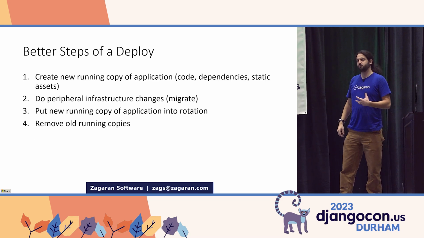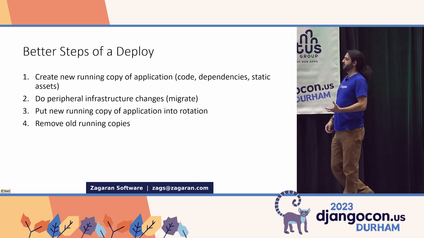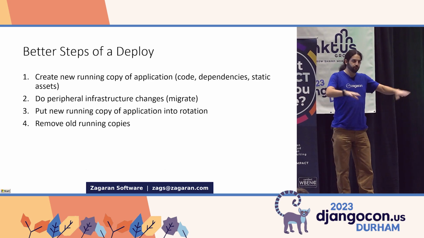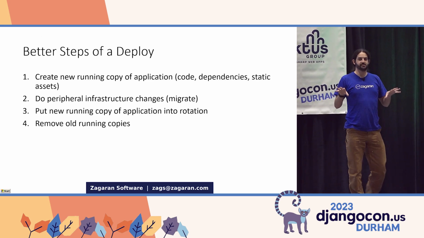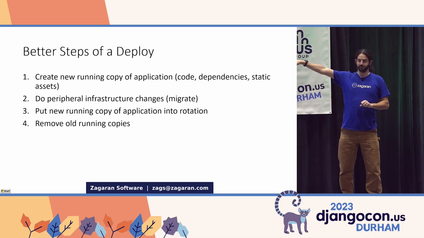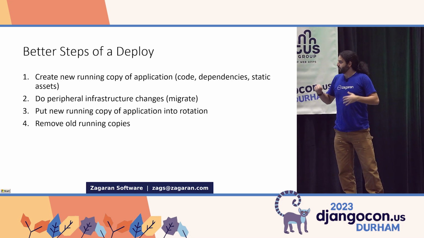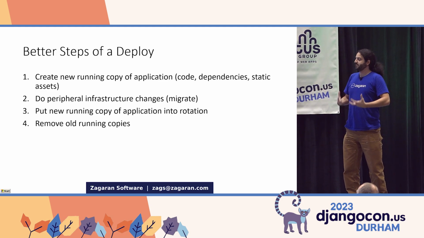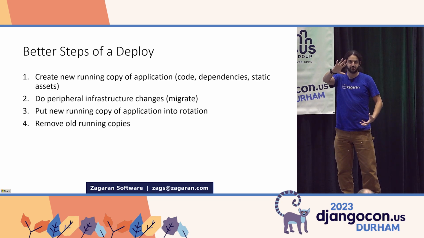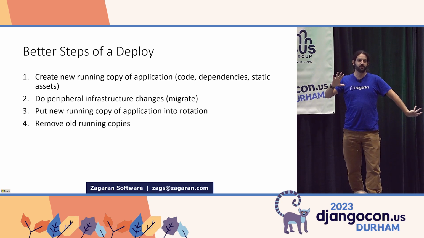So instead, what we're going to talk about for a deploy is how to make a new running copy of your application. Then we're going to need to do peripheral infrastructure changes. Migrate is actually the hardest thing to do with deploying, so that's going to be the focus of my next 3 examples. We're going to then put that new running copy of our application into rotation, stick it in with the load balancer, and then once it's good, we're going to throw out the old ones.